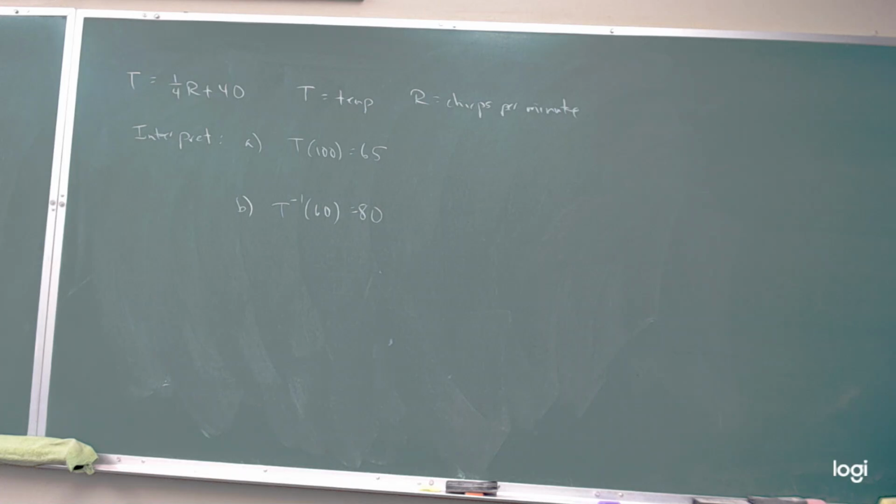So the way we're writing T as a function of R here, even though I think in real life that might be a bit of a stretch, we're saying the temperature here depends on the chirps per minute. Like those crickets are controlling our temperature here. I wish they would hurry up and start chirping a little quicker. Could use a little bit of warmth.